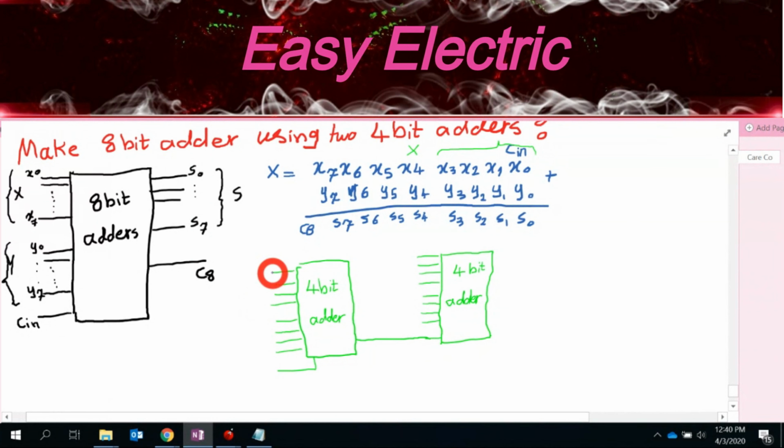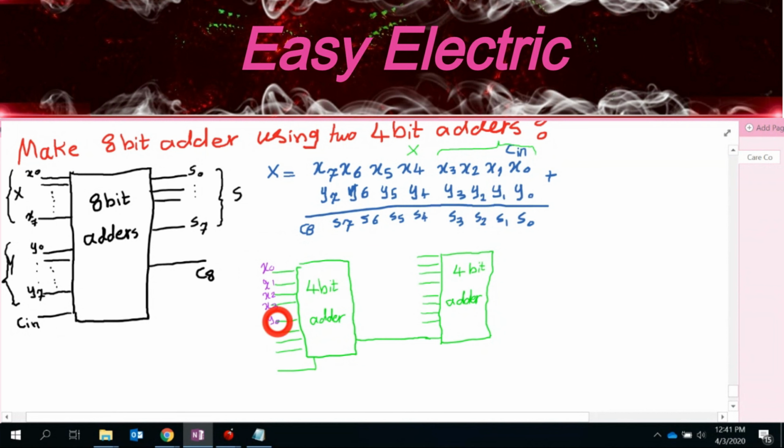What we should have here, for example, what you are going to do, you want to add x0, x1, x2, x3 with the next one. So that means I just connect x0 here. Yeah, definitely. x1 here, x2 here, x3 here. First, you need to add with y0.